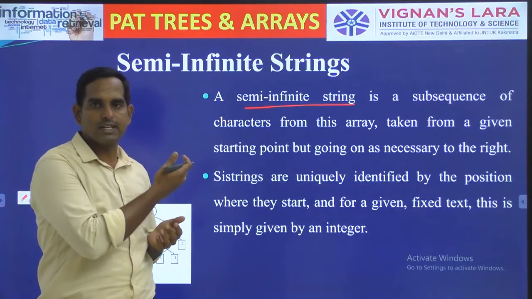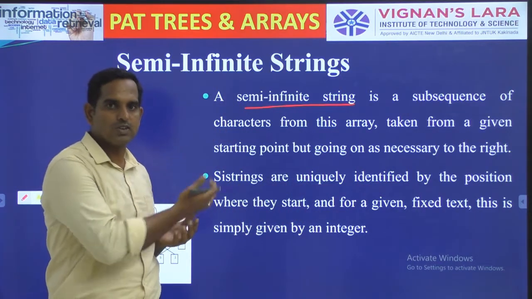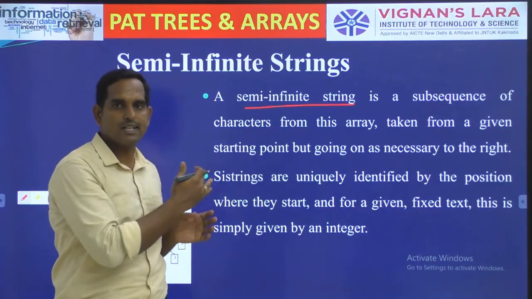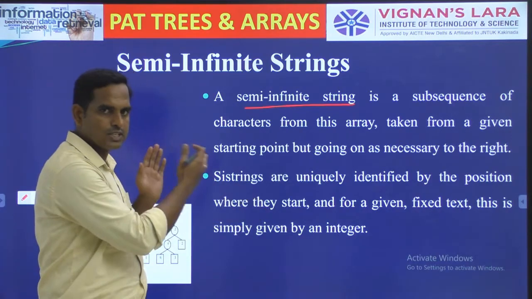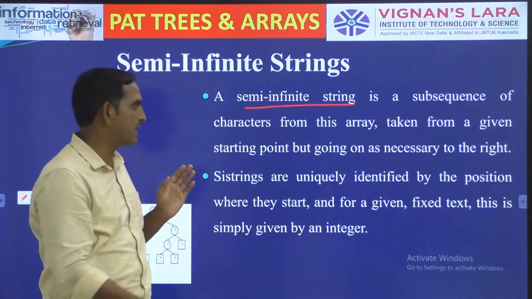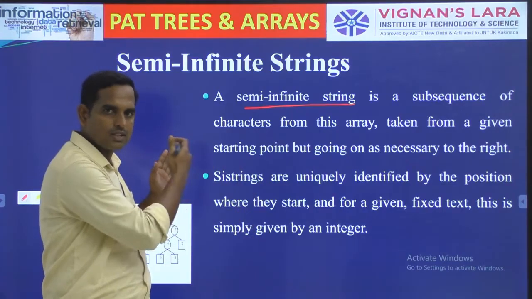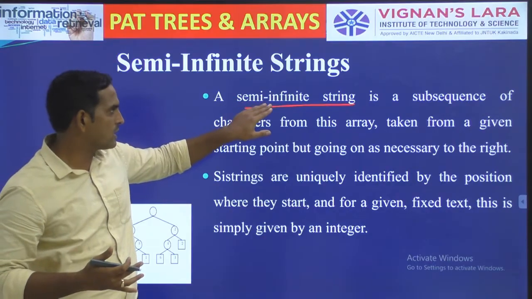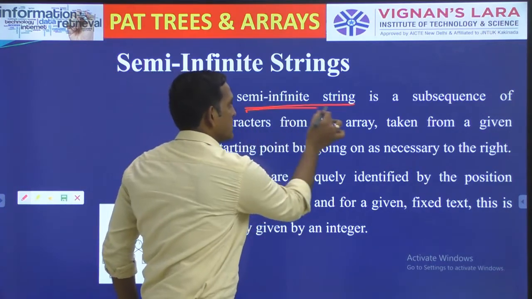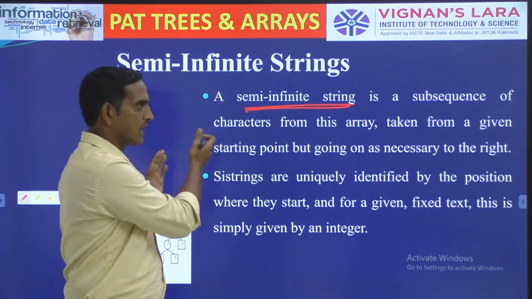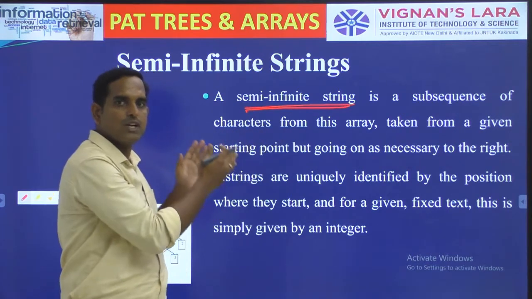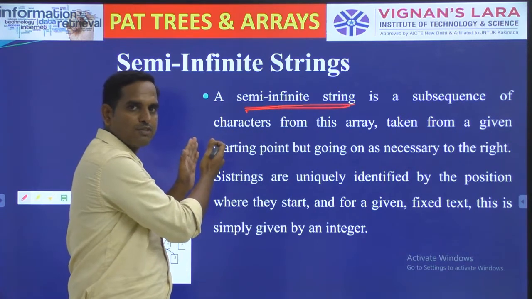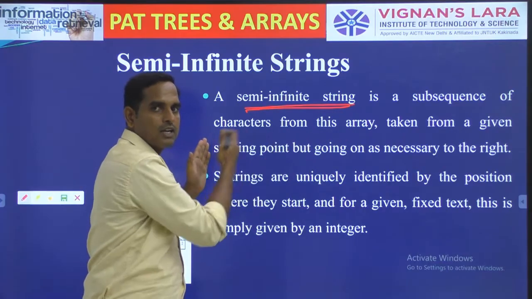We take the text present in your document, which is treated as a long series of characters stored in an array. A sistring is a subsequence of characters from this array, starting from one point of the array to the end or in between.